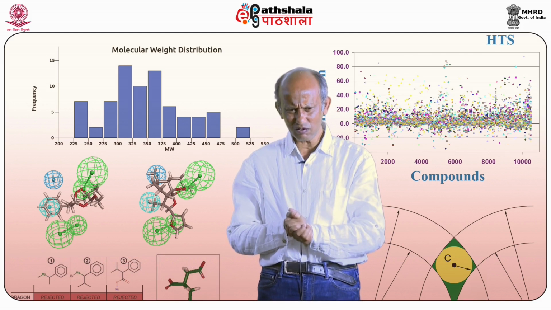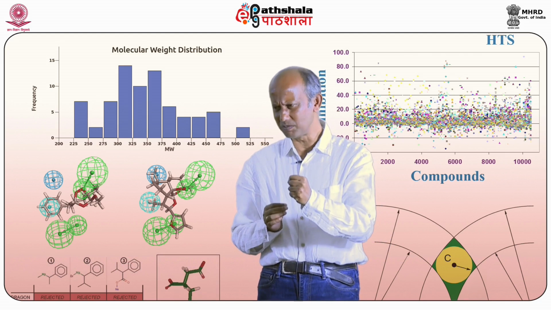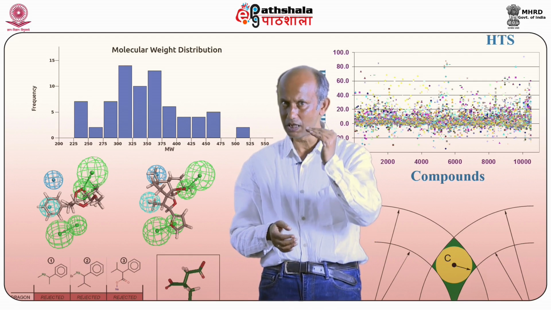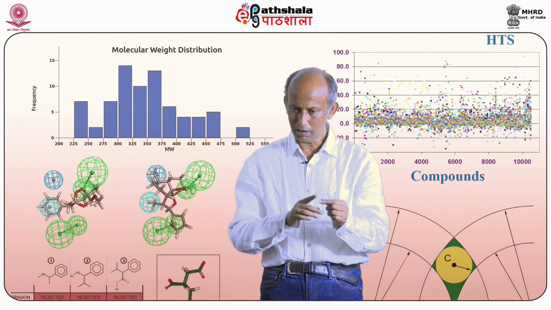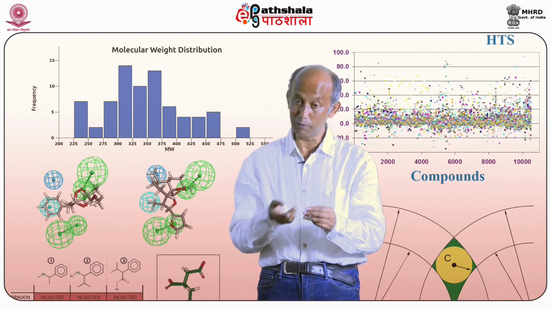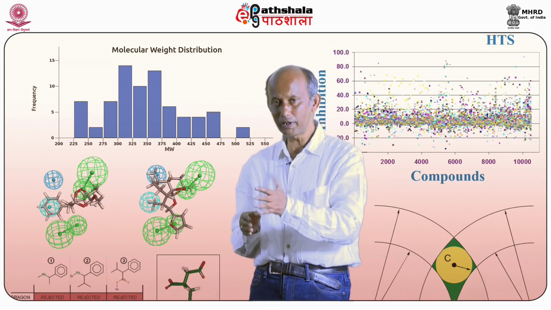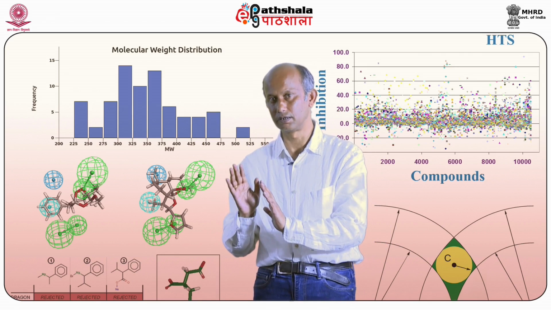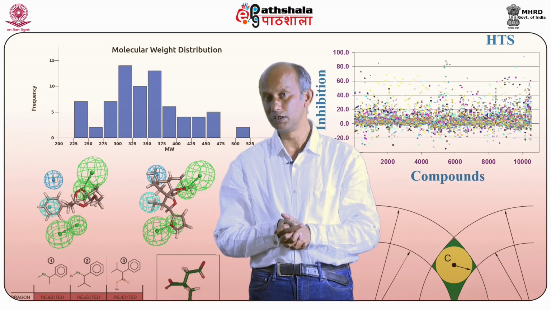Some would say that I don't want a gap to come, but if it comes, I want all my gaps together. In that case, you use an affine gap weight model: put a high penalty on the first one, and then for each subsequent gap which is added at that position, you give a lower penalty. Now if you stop adding gaps and go on normal and you start another gap, again you start with a high penalty. This particular model is generally the one most commonly used.